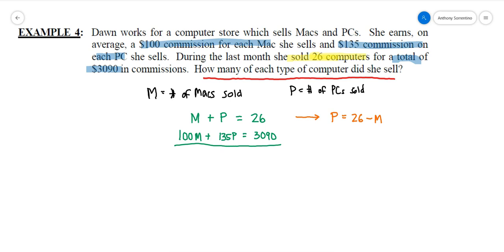So coming here, when I rewrite the equation, I'm going to have 100M plus 135, and I'm going to replace P with what it equals. P is being replaced. Equals 3,090.